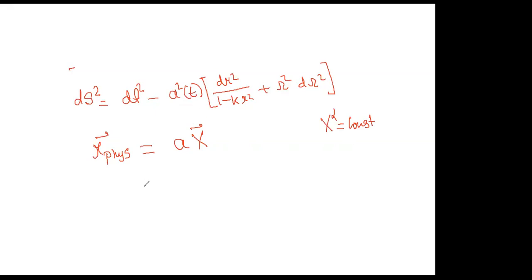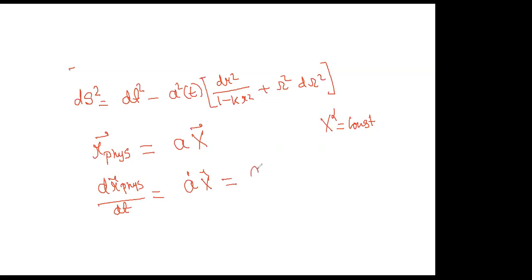Now, if I calculate the physical velocity, d r physical by dt, this will be a dot into x, because these x's are not changing, they are just constant. Now let me replace x by r physical by a.